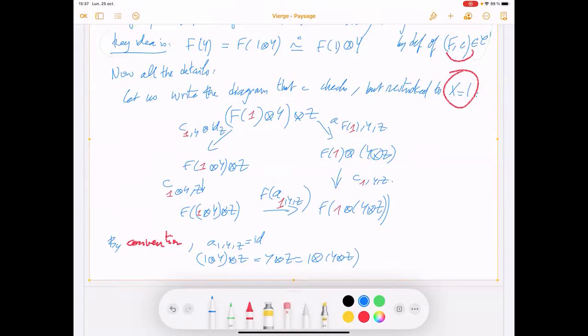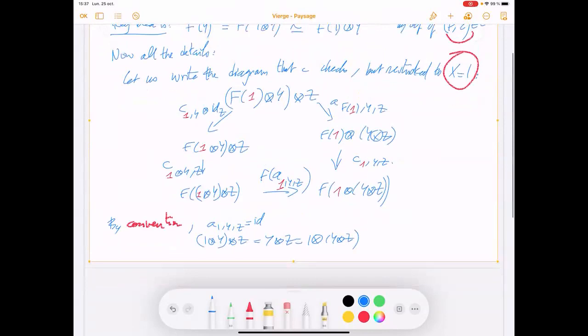We use a convention saying that when you tensorize by one, everything involving one, for example the associativity constraint here, should be identity. In the book, they mentioned this convention, but they did not use it for this proof.